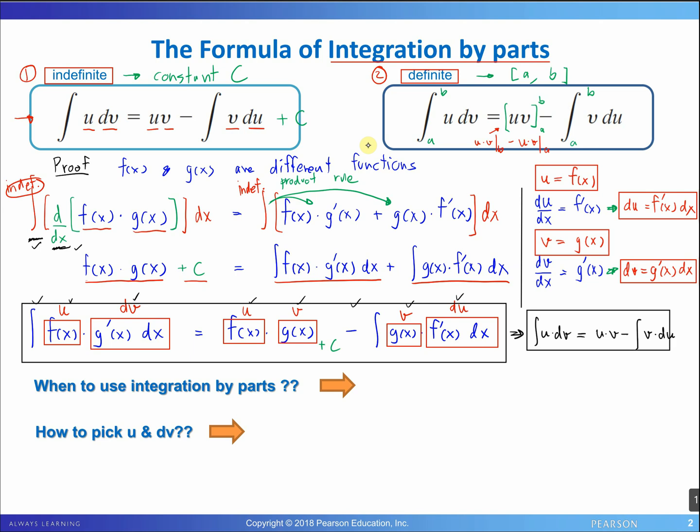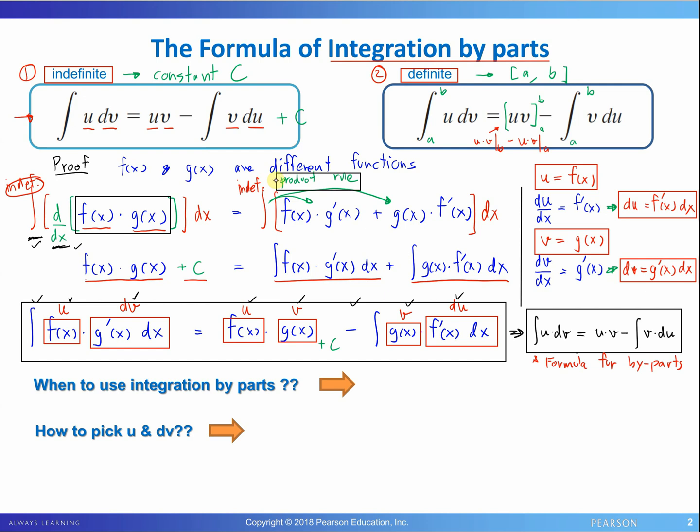And there you go, we just derived the formula for integration by parts. As you can see, it all comes down from this product between f of x and g of x and the product rule of differentiation.